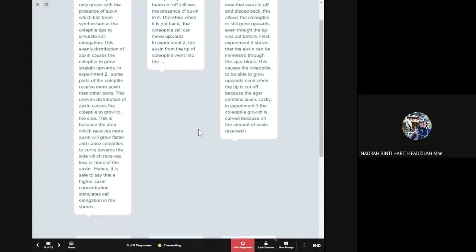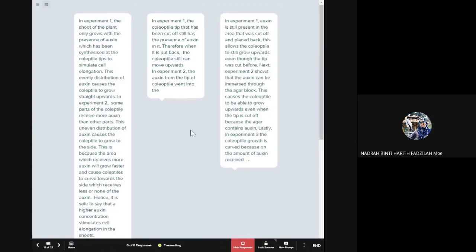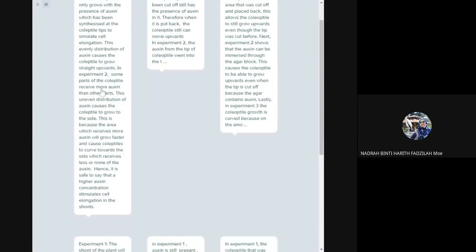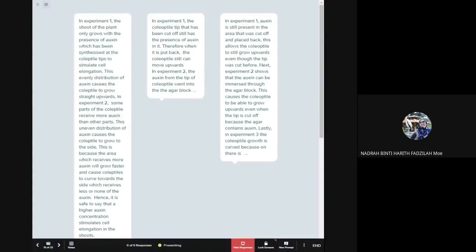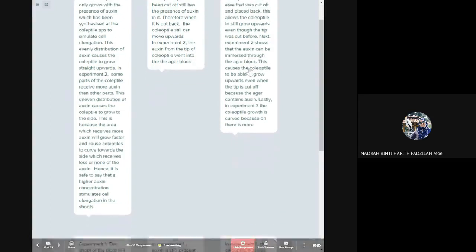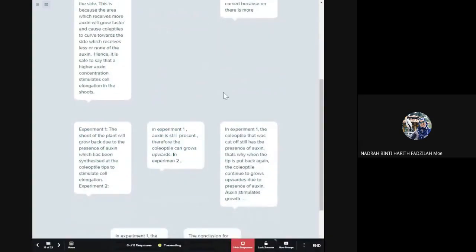Number 2, saya setuju, auxin stimulate cell elongation in the coleoptile. Very good. Okay, most of you memang sebut pasal cell elongation tu. Allow the coleoptile to still grow outwards even though the tip was cut before. Okay, therefore experiment 1.